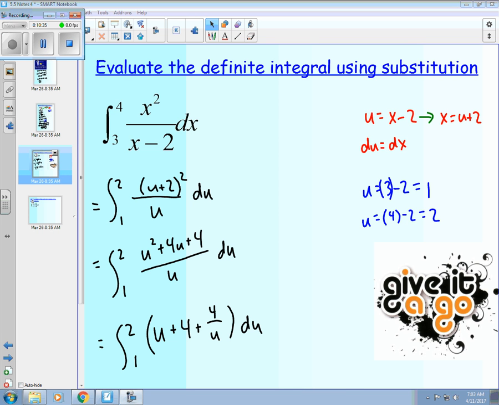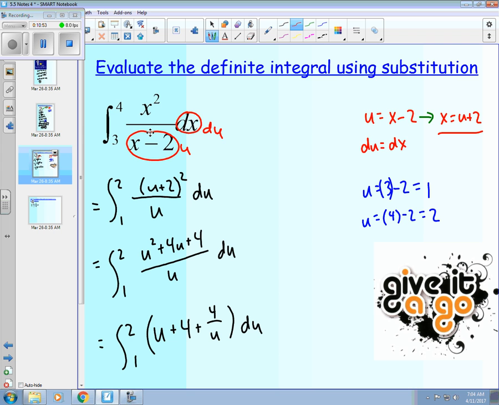Here you want to put u equal to x minus 2, making our substitutions then. This would turn to our u. dx would turn to du. It still leaves us with that x squared on top, so you would have to also figure out what x is equal to here and substitute that in, which would be u plus 2.